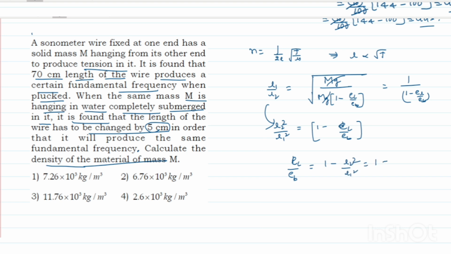Initially, when the same mass M is hanging in water, completely submerged in it, the length of the wire has changed by 5 centimeter. So when the same mass M is hanging completely in water, it will experience the buoyancy force, so the total length is going to decrease due to the buoyancy force.